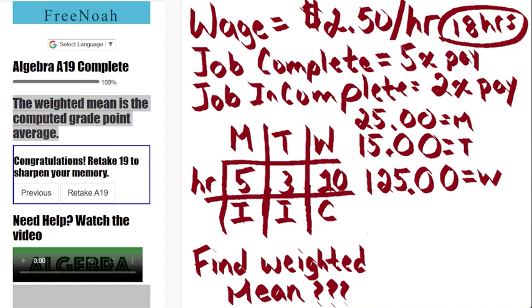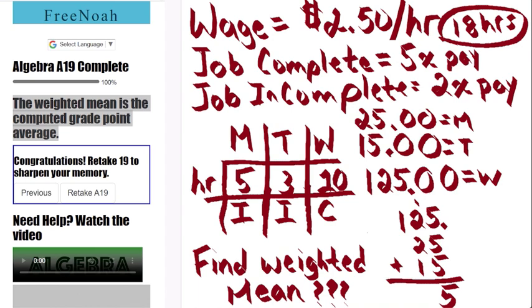Now our next step here is to calculate how much money did Noah make within the 3 days. So 125 plus 25 plus 15. All right. Well, we got 5 plus 5 plus 5. That'll give us 15. Drop down the 5.